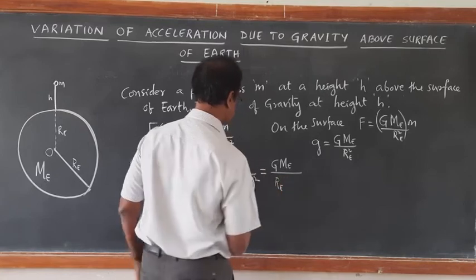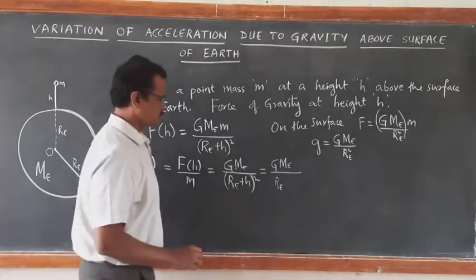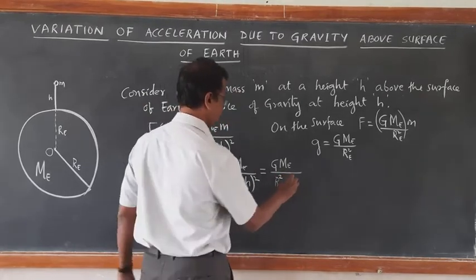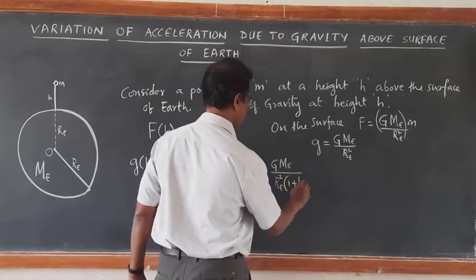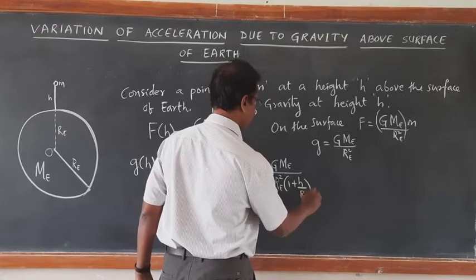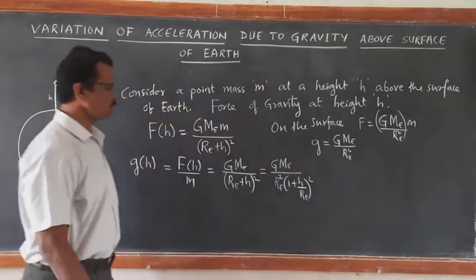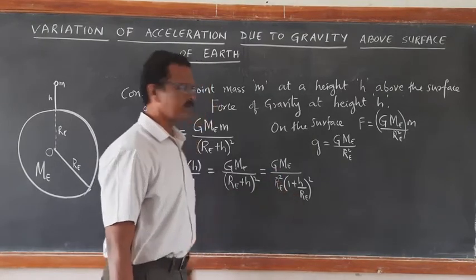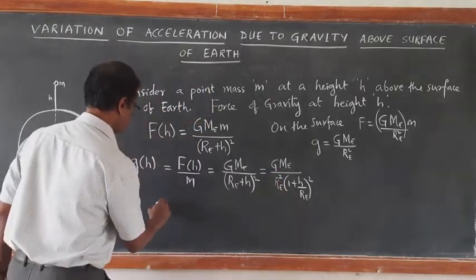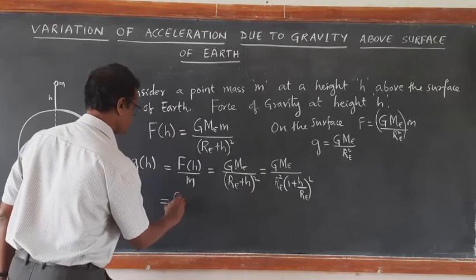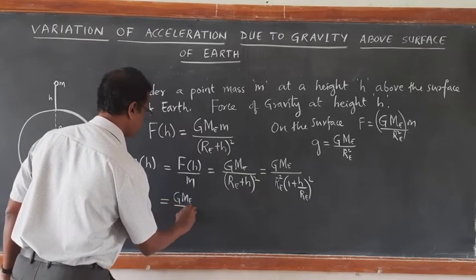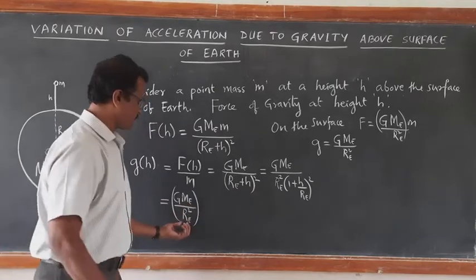When you take Re square out of the bracket, we get Re square because it is square, 1 plus h upon Re whole square. So we get G Me upon Re square, 1 plus h upon Re whole square. This I can write as G Me upon Re square as a bracket because I know this value.